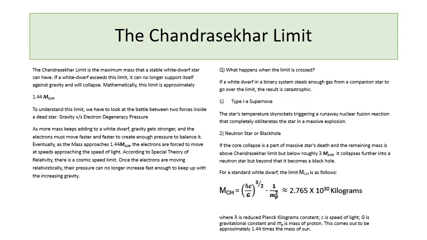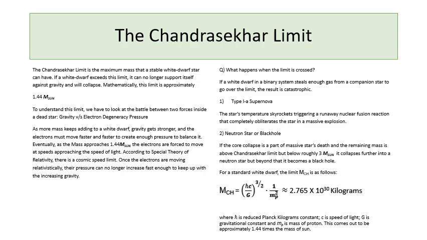So what happens? A Type 1a supernova will happen. It's an explosion. The star's temperature will skyrocket and it will trigger a runaway nuclear fusion reaction, and it will completely obliterate the star in a massive explosion. What remains after a Type 1a supernova? It is a neutron star or it can be a black hole.